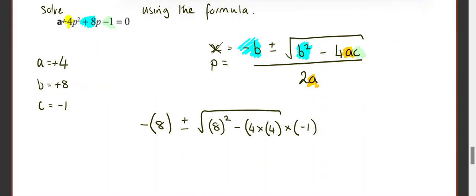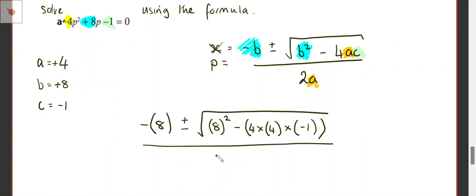Okay. Now I square root, and I will put a bracket, all divided by 2 times whatever A is again.